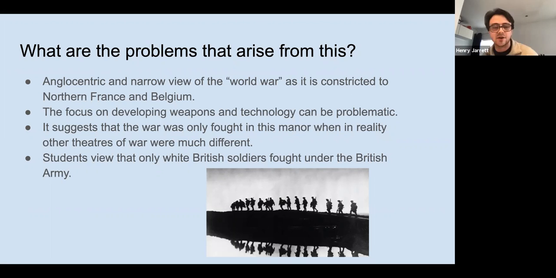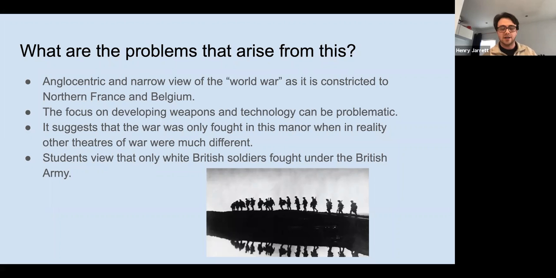We thought that the focus on developing weapons could be in some ways problematic. We thought it could potentially be quite a sensitive subject for students, perhaps if their parents are serving or if they've got former military within their family.